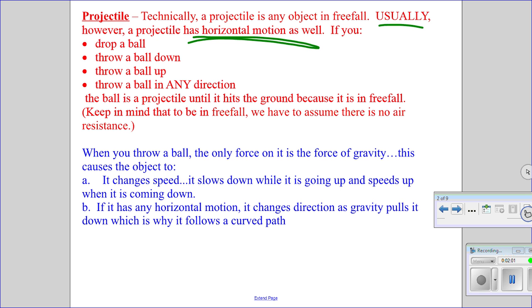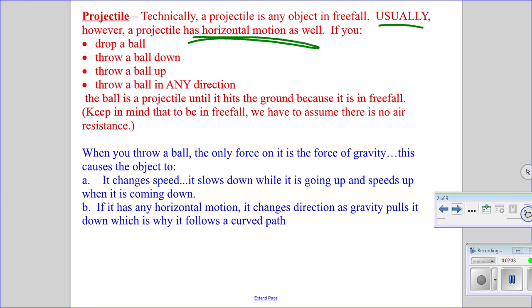Notice it moved horizontally as well as vertically. So that's it. A projectile is an object in free fall. Usually we assume that it's also moving horizontally. So anytime you drop or throw a ball in any direction, it's a projectile until it hits the ground.